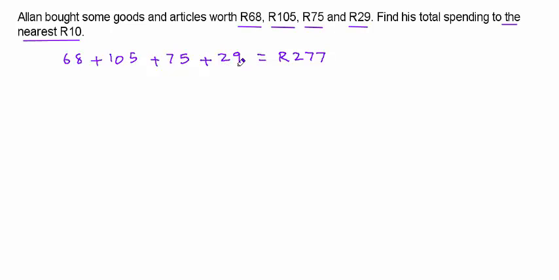I added 30, I subtracted 1. And then we want to round this to the nearest 10 Rand, which means round it to this place. Everything to the left of it stays the same. So this is going to be 200 something Rand. The digit after this is 5 or more. It's a 7. So this changes to an 8, and this 7 changes to a 0. So the nearest 10 Rand is 280 Rand.